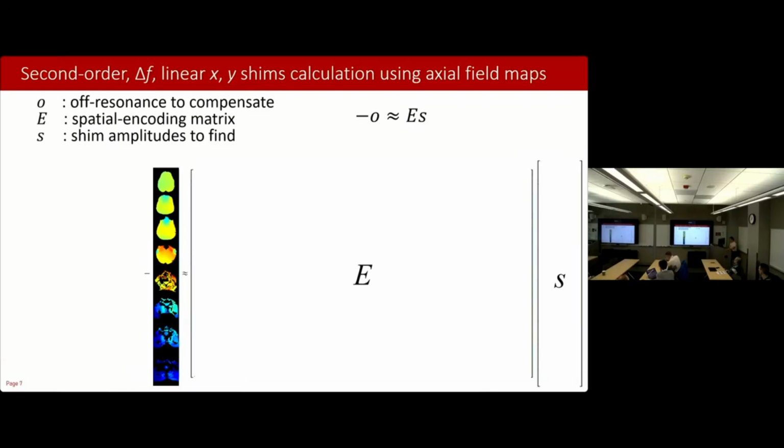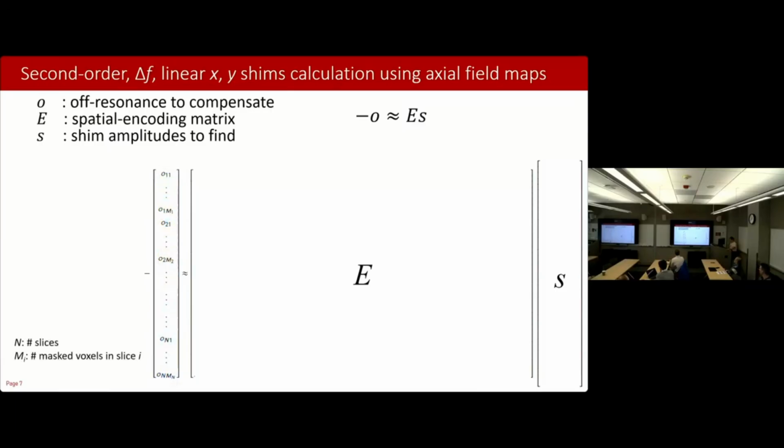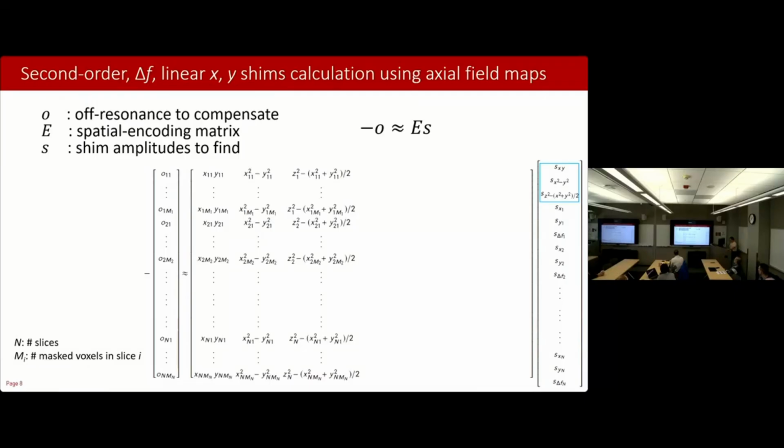The vector O of off-resonance values is obtained from the axial field maps. Vector S includes second order shims that cover both the brain and spine. The next three entries are the linear XY and delta F shims for the first slice, then the second slice, and so on. Matrix E consists of spatial coordinates of voxels we want to shim.